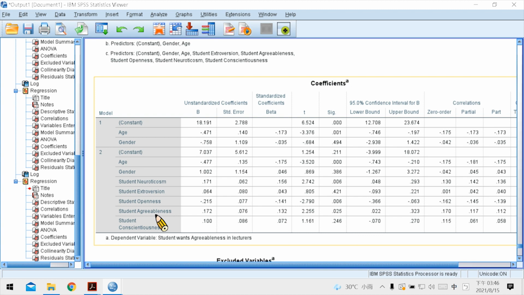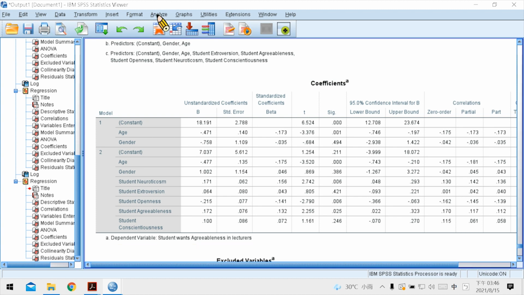Also the age has a negative relationship: the older and the more open to experience you are, the less you want the agreeable lecture. Openness is also negative. As student neutrality increases, they deny the agreeable lecture.